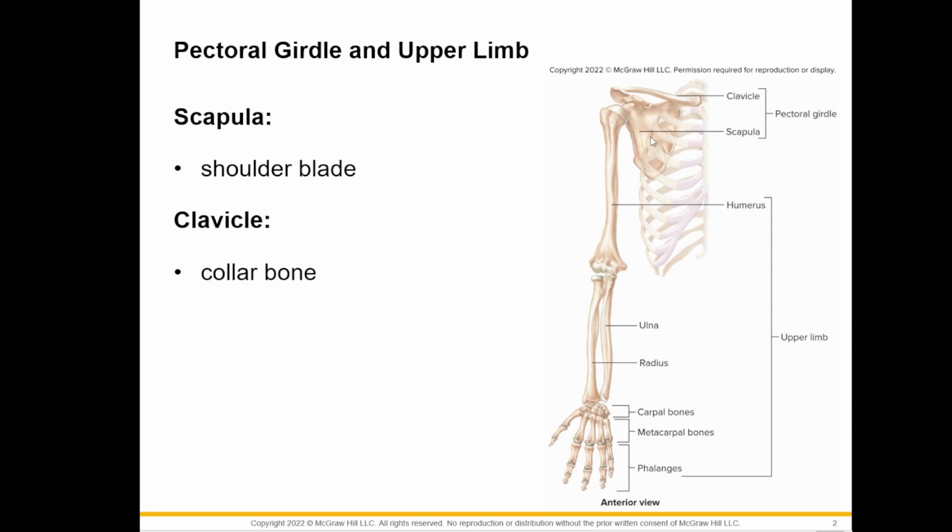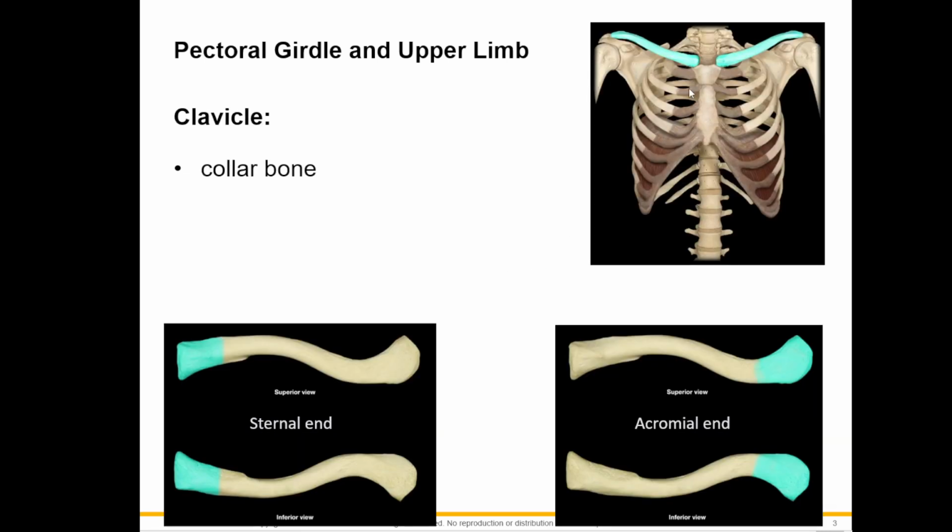It is through the scapula and the clavicle that we are able to attach the upper limb to the rest of the body. The collarbone is attached to the manubrium of your sternum.